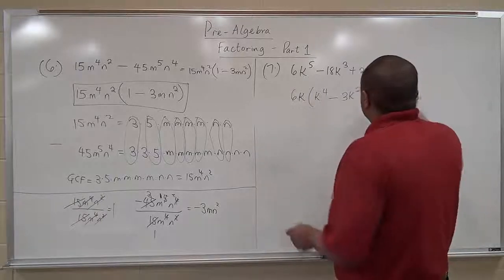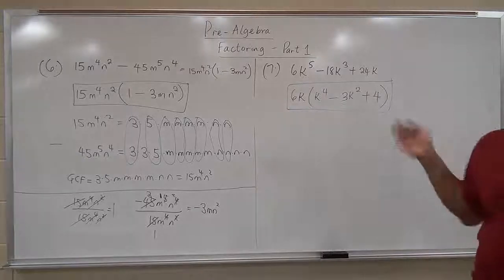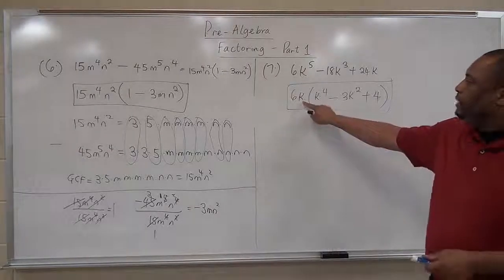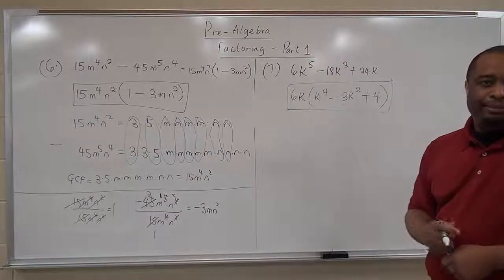And this becomes your answer. That is it. If you multiply this monomial and the trinomial, it gives you back the trinomial.